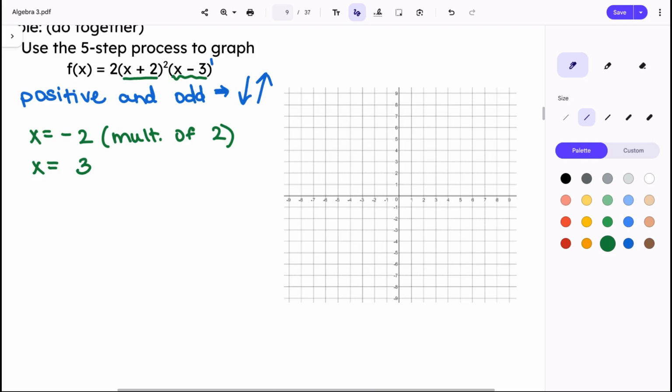I would only start writing it if it's more than 1, like if it's a 2 or 3, 5, something like that. If we think about these as coordinates, this would be (-2, 0), and this would be (3, 0). So those would be our first couple of points that we could put over here on the graph, one at -2 and one at +3.